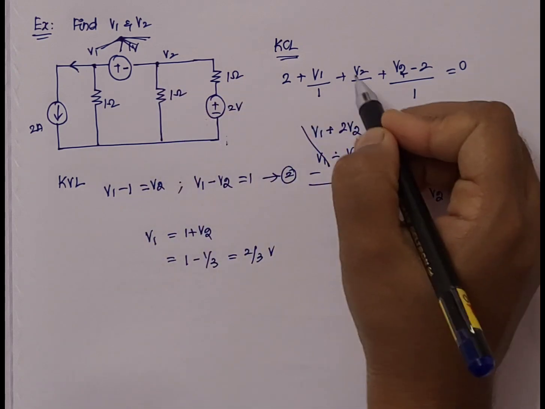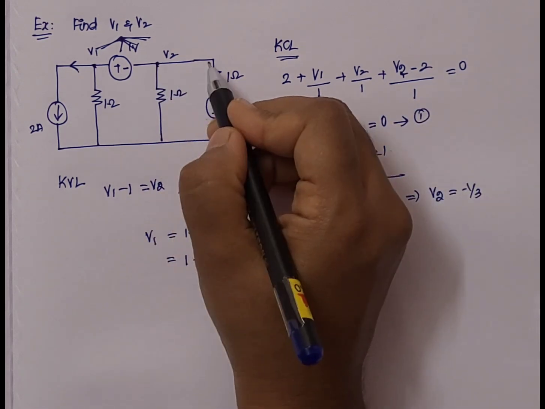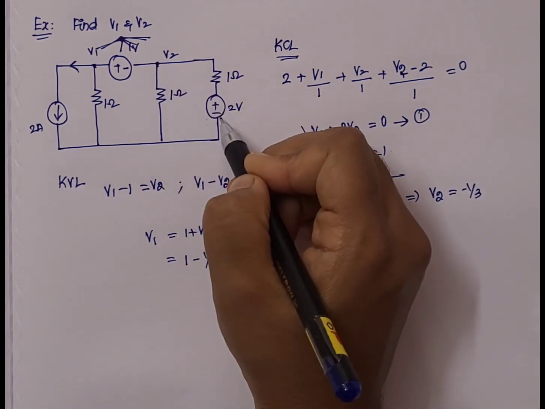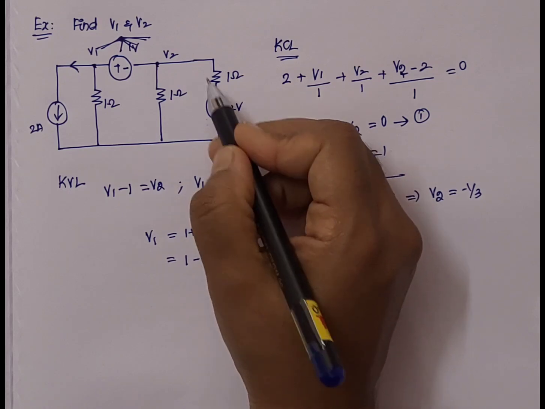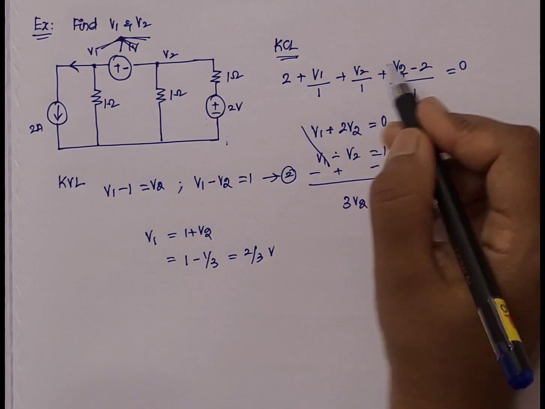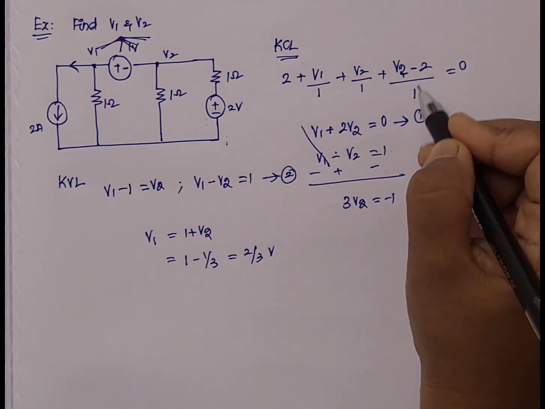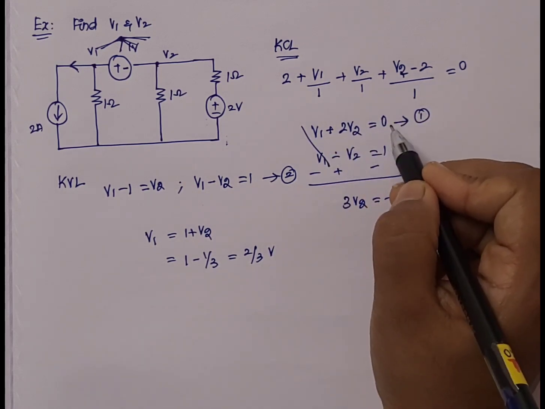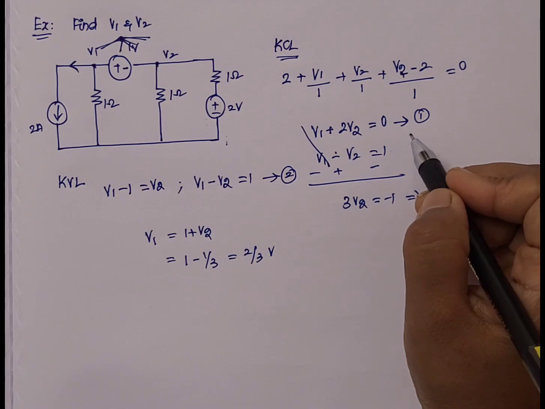Across this branch it is V2 by 1, plus across the last branch, where we have a voltage source, it is V2 minus 2, since the direction is opposite, divided by the R value, which is 1. Solving this, we will get V1 plus 2V2 equal to 0. Let this be our first equation.